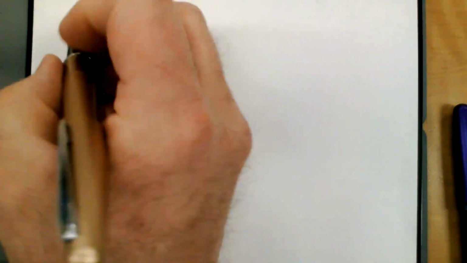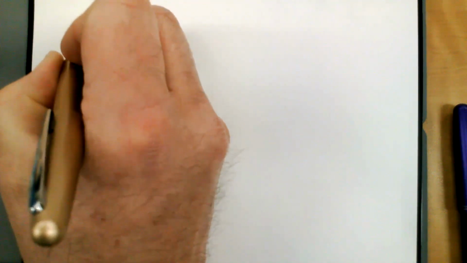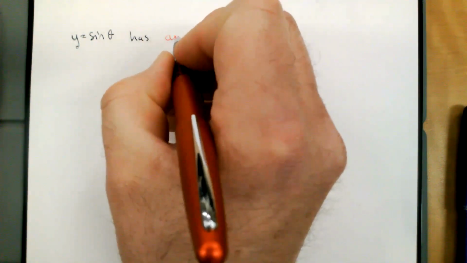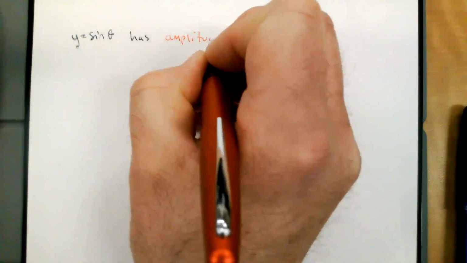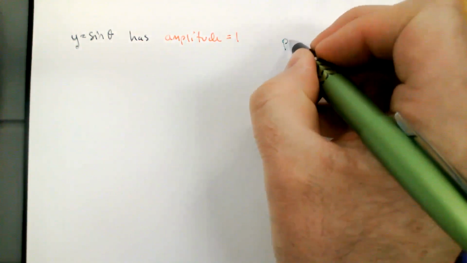So our default, sine theta, has an amplitude of 1 and a period of 360 degrees.